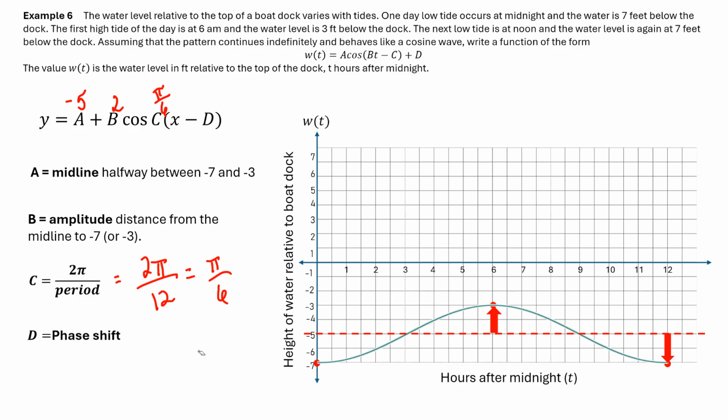So phase shift. This function is not shifted because we're writing it as a cosine function, and it's starting off at its minimum. Cosine 0 is 1, which actually is the maximum of cosine. So it's not starting at its maximum, but it is starting at its minimum. So it's not really shifted left or right.